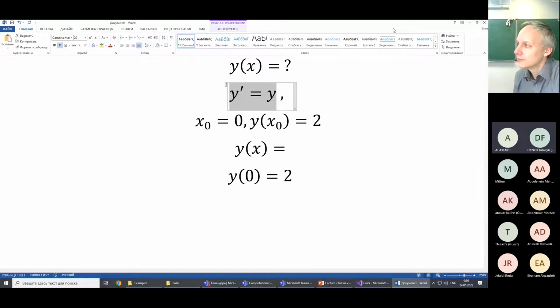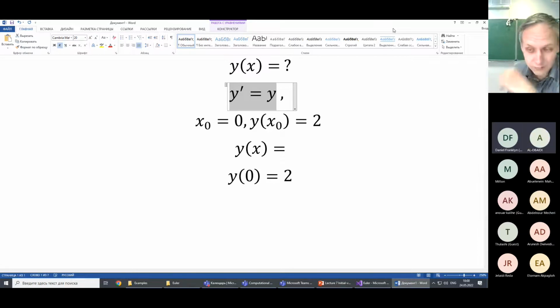X plus c. But x plus c is the solution to the equation y prime equals 1 that we considered as a first example. This equation is another equation.